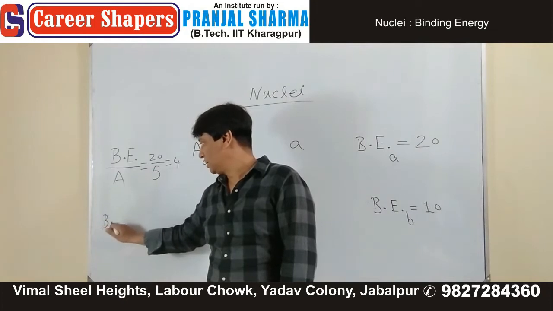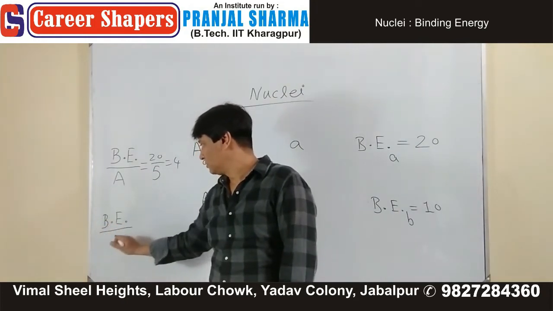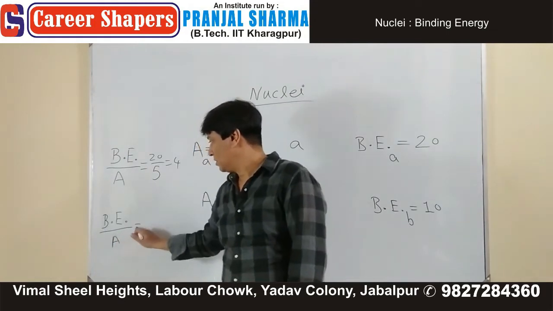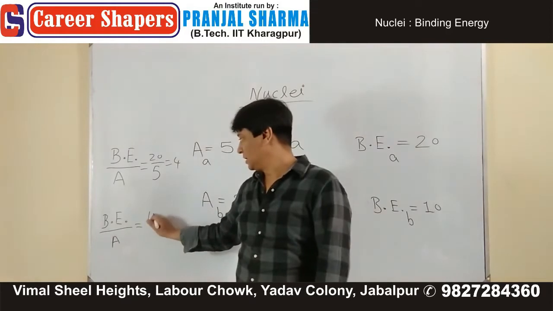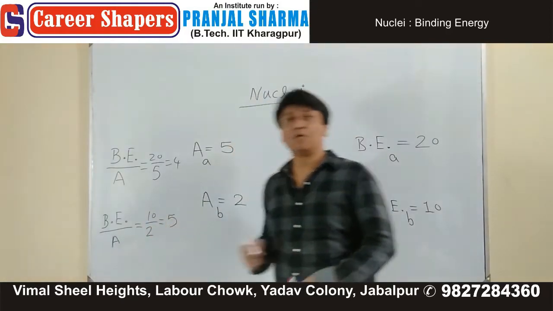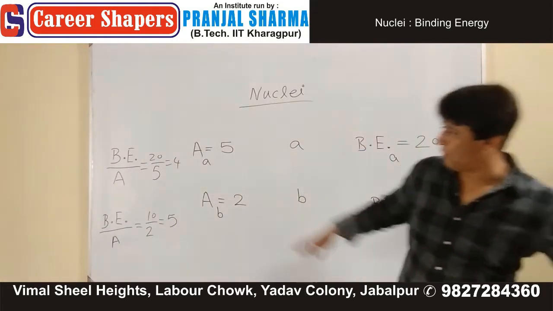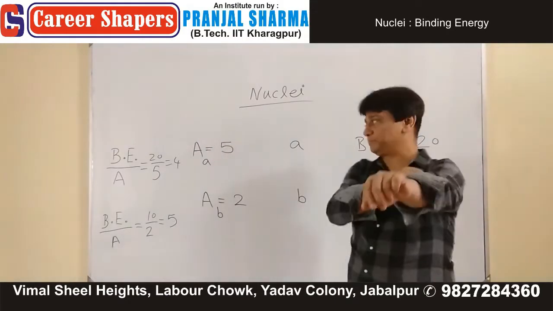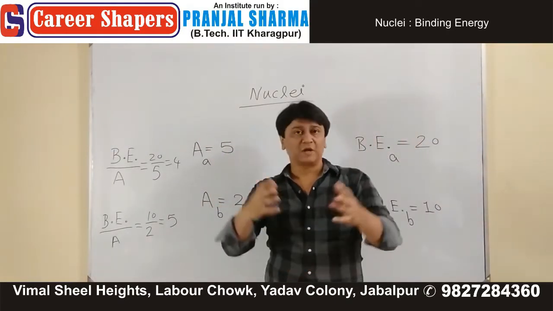Binding energy per nucleon for element B is coming 10 by 2, that is 5. Now let's talk about 4 and 5 per nucleon.